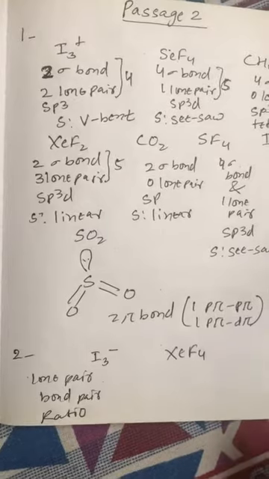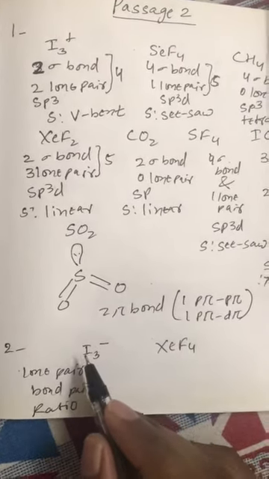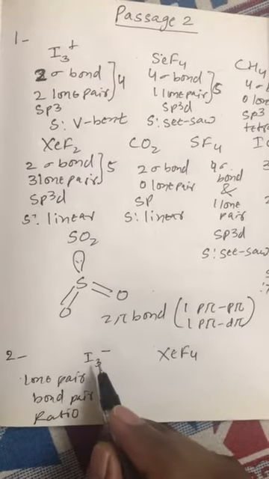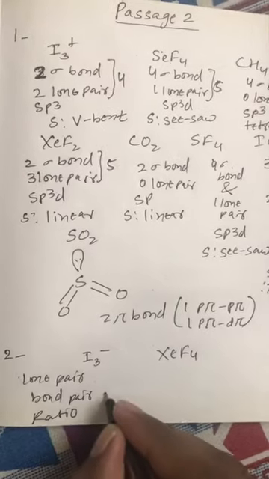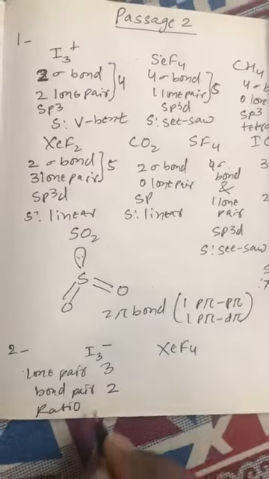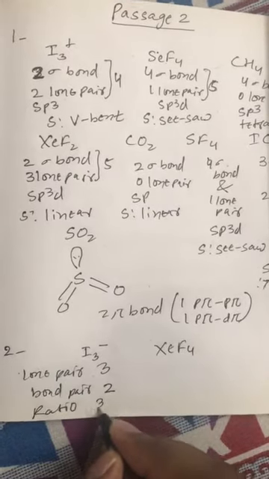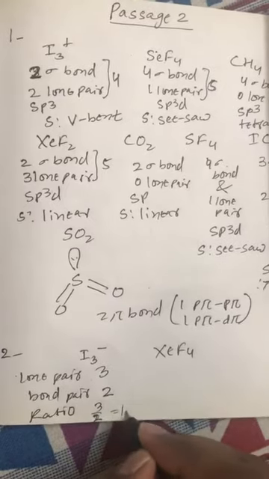Question number 2. Iodine has 7 valence electron. Now because of negative charge, it will have 8 valence electron, out of which 2 will be used to form sigma bond. So bond pair is 2, and 6 remaining electron will give 3 lone pair. So lone pair bond pair ratio is 3/2 or 1.5.